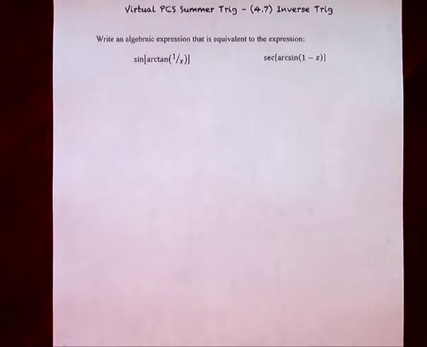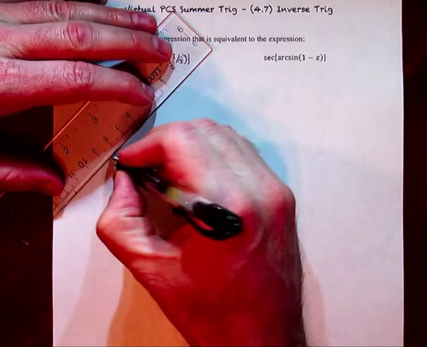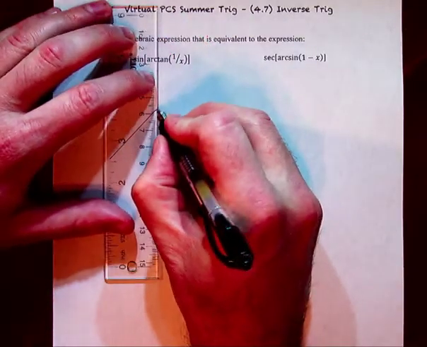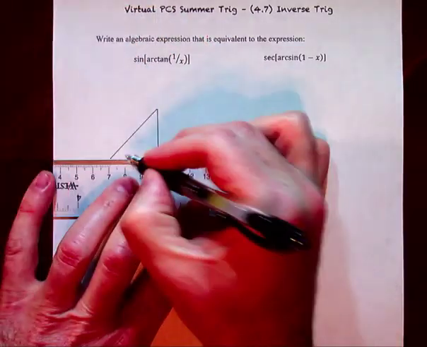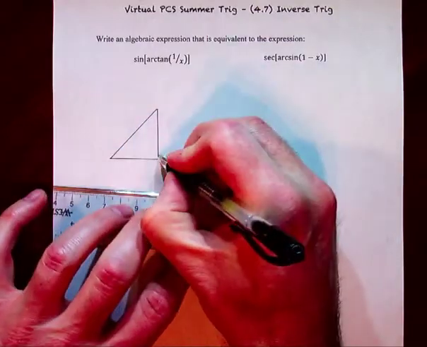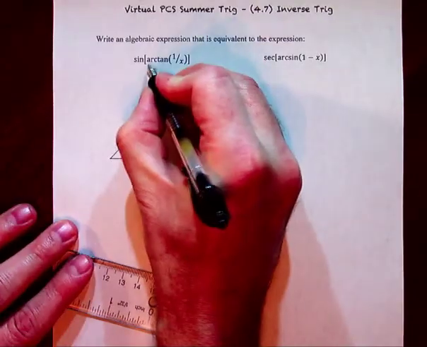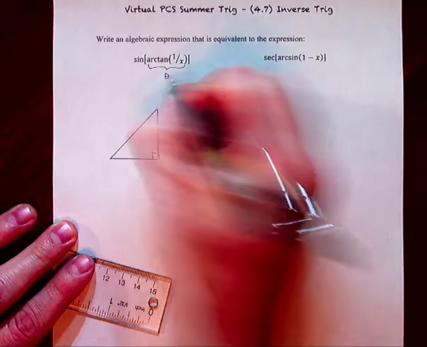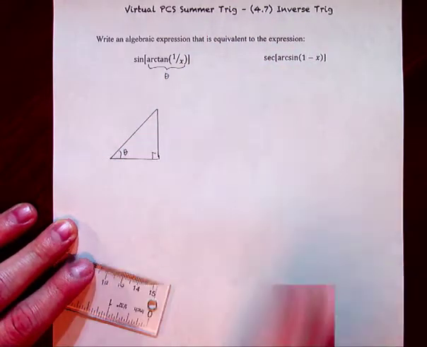Now, because you don't have the ability to discern whether x is positive or negative, you can't really anchor it in a particular quadrant, so you just draw a triangle, quadrant free, just for a visual. Okay, but this is still standing in for a theta measurement for a particular triangle.